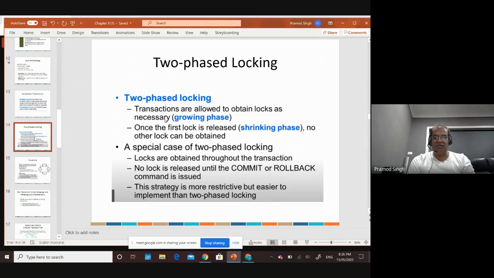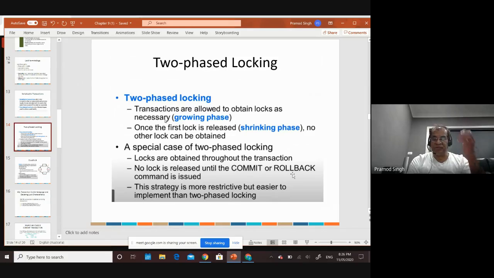A special case of two-phase locking is mentioned over here in this slide. Locks are obtained throughout the transaction at the same time, and no lock is released until the commit or rollback command. Rollback means whatever part of the transaction is done, if any failure happens, it has to go back to the original state.